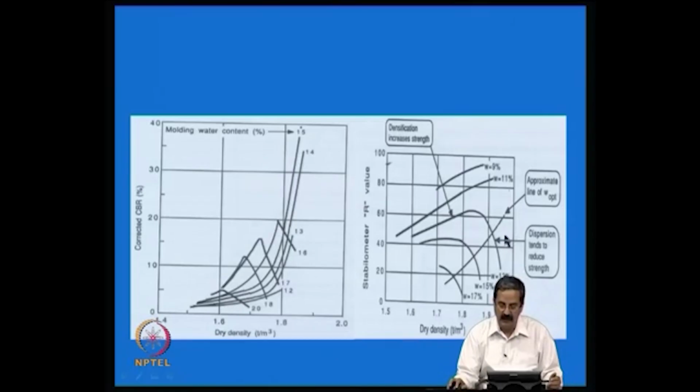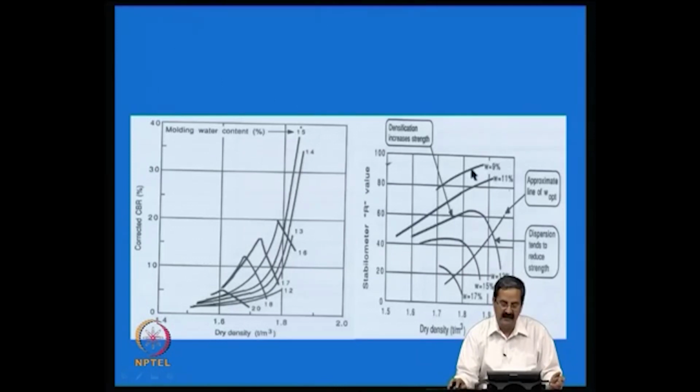Another important point: there is another test called the stabilometer R value, which we use in pavement engineering. It also gives the resistance to penetration, a strength parameter similar to CBR.